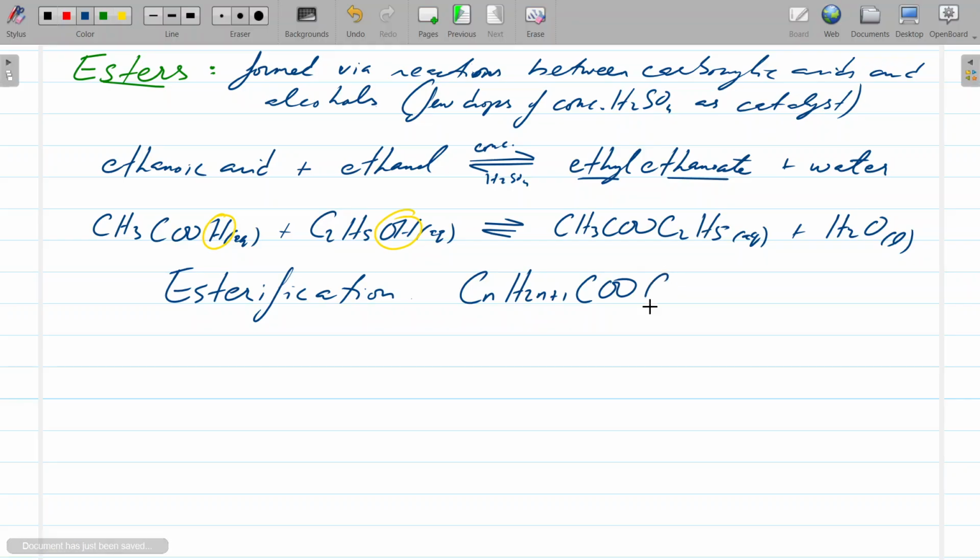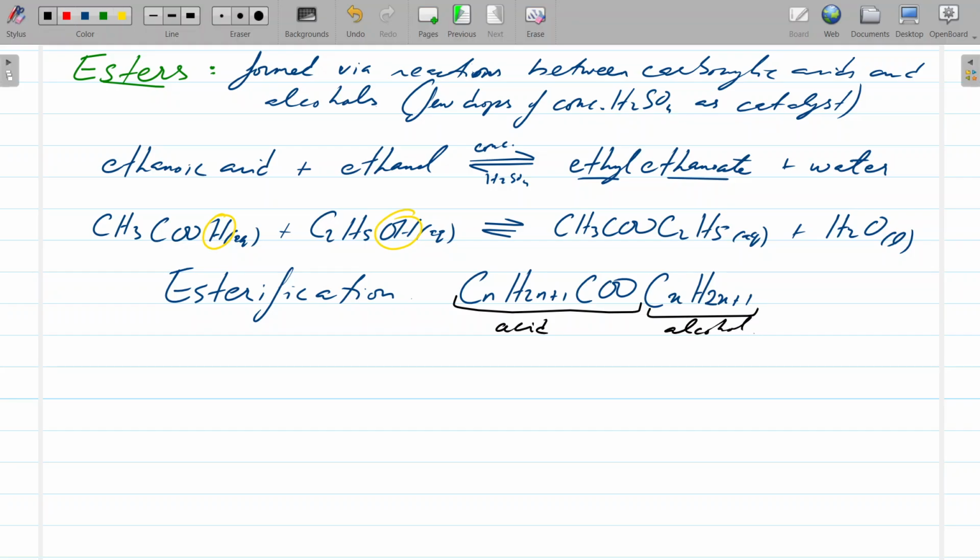Then you've got CxH2x+1, and this is the alcohol part.